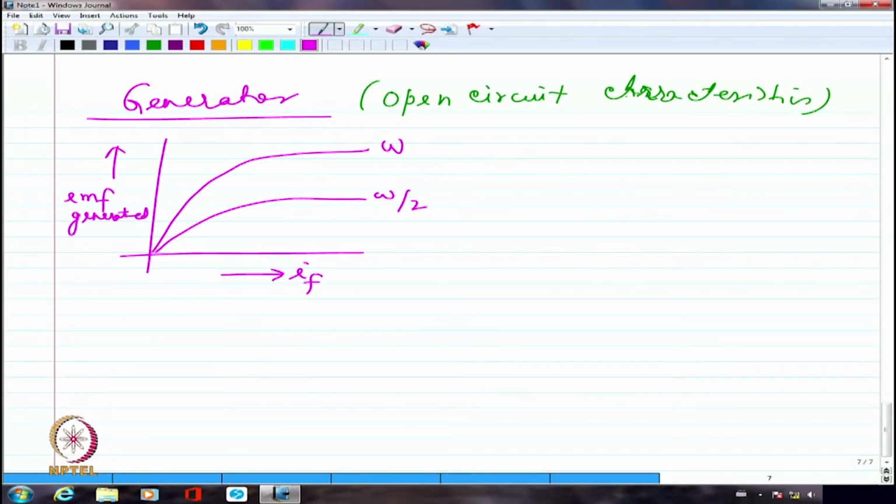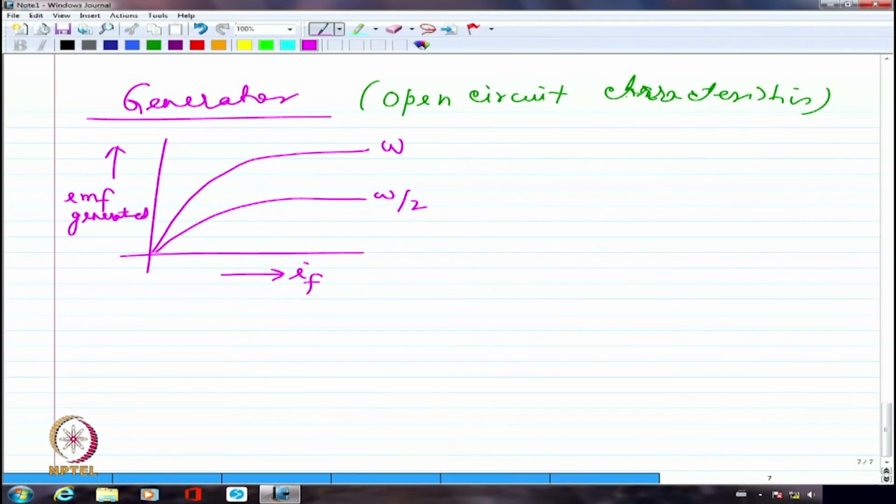Initially it may look linear, but eventually it becomes completely saturated because the air gap flux is not making any dent on the overall flux. That is the reason I see this kind of characteristic if I keep increasing the field current slowly.